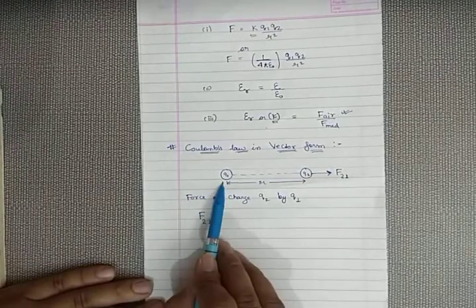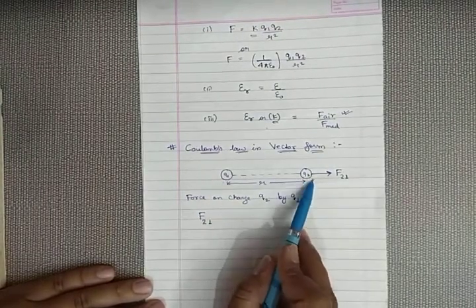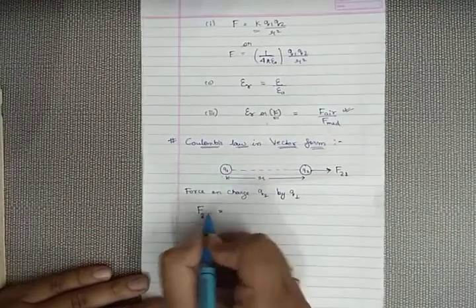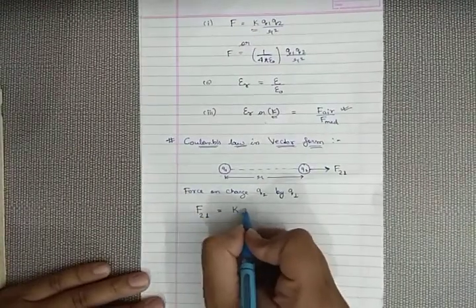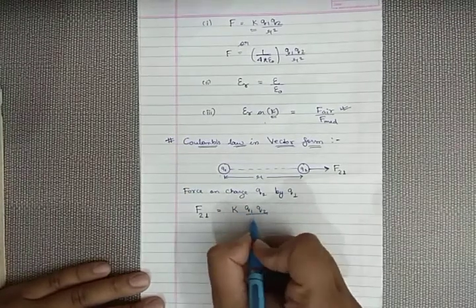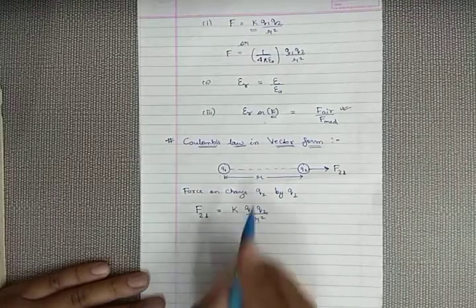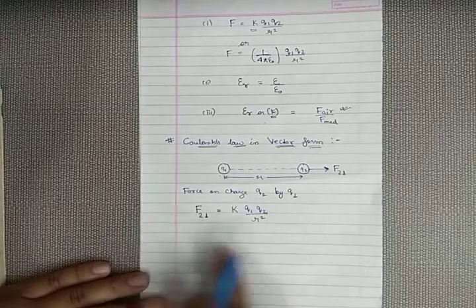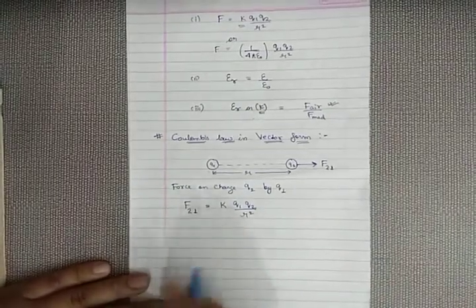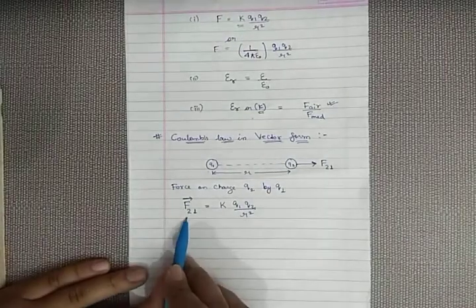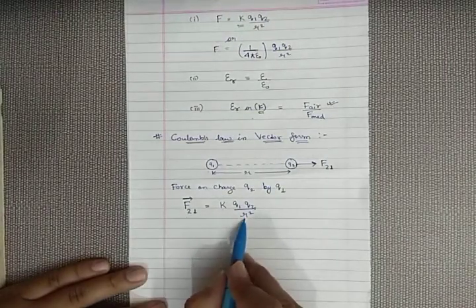Means the first charge is applying force on the second. Force on second due to first. According to Coulomb's law, this force is K times Q1 Q2 upon R square, the square of the distance between them. But in order to express this in vector form, as we are studying the vector form, we have to use the vector notation. So this is force in vector form, K times Q1 Q2 by R square.